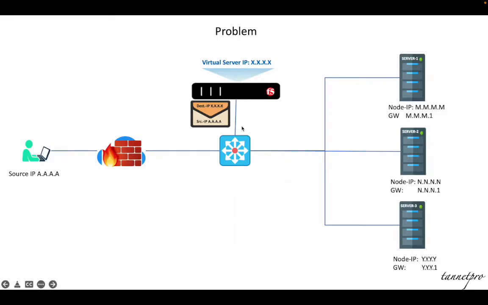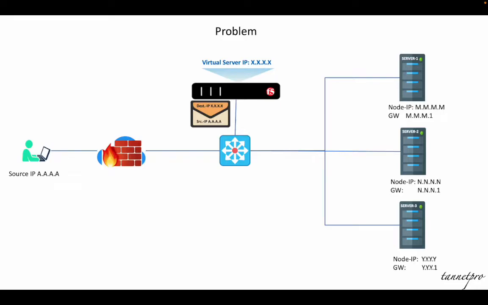Now your virtual server receives this packet. What will it do? It will change the destination IP. Again in reverse: the destination XXX is your virtual server.